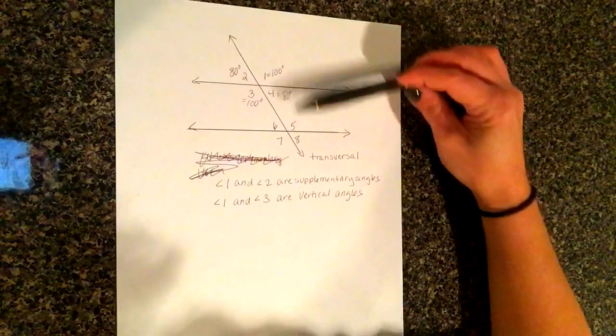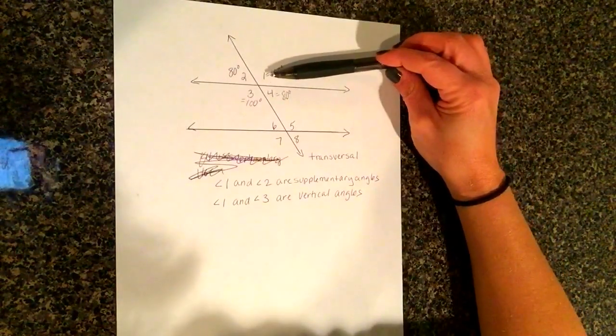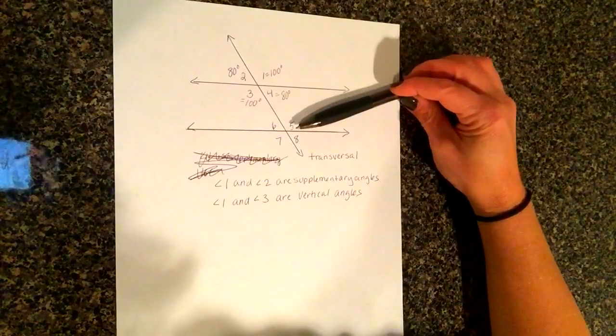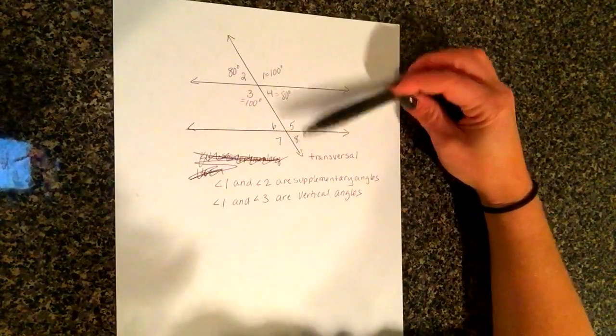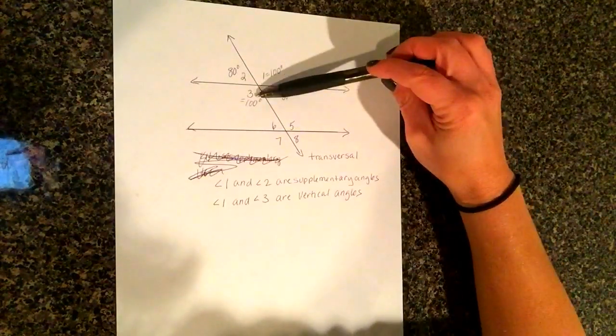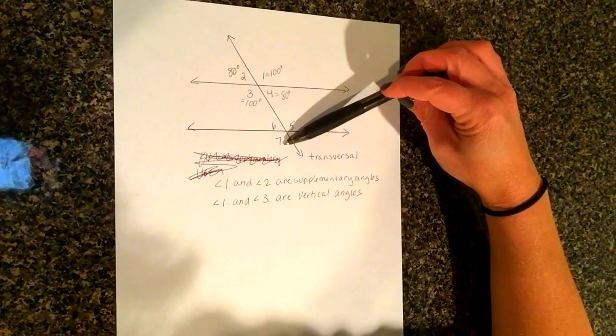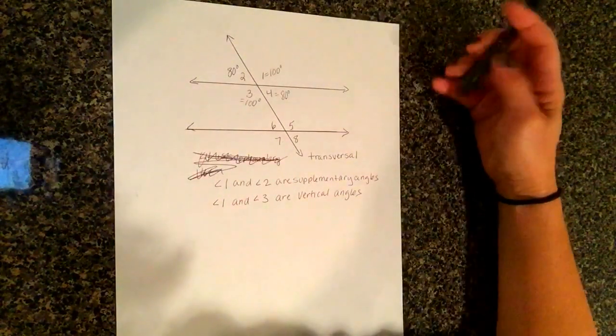And the ones that landed on top of each other were the same. So angle 1, when I moved it down, landed on top of angle 5. Angle 4 landed on top of angle 8. Angle 2 landed on top of angle 6. And angle 3 landed on top of angle 7. What we call that relationship is corresponding angles.